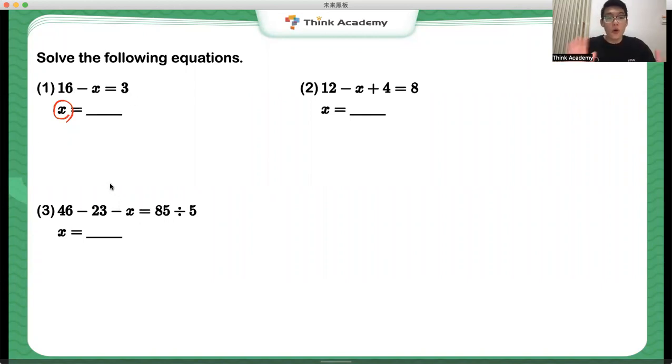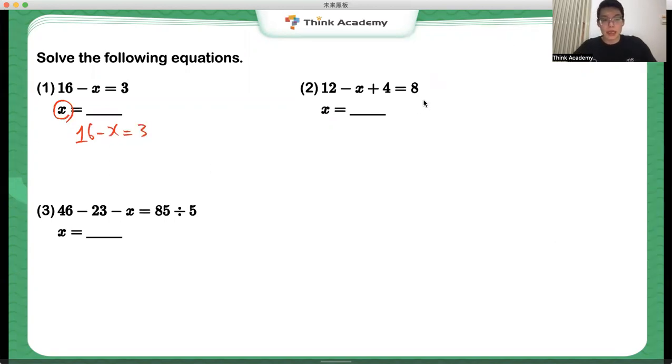So now all we need to do is to move the numbers onto one side and X to the other side, so that I have the X term on one side, and the numbers term on the other side. So I know that X is equal to the number, okay? So here's what we can do. First of all, we write down the equation 16 take away X equals 3.